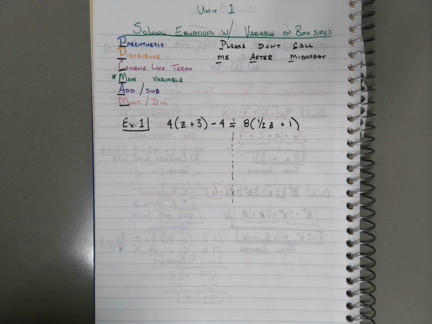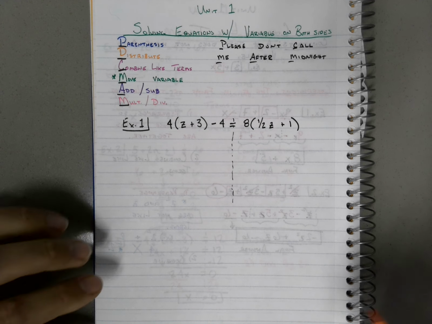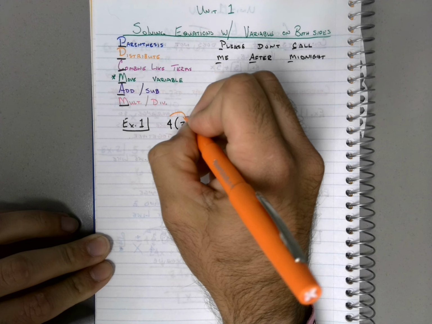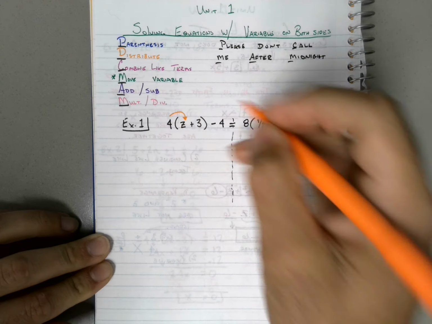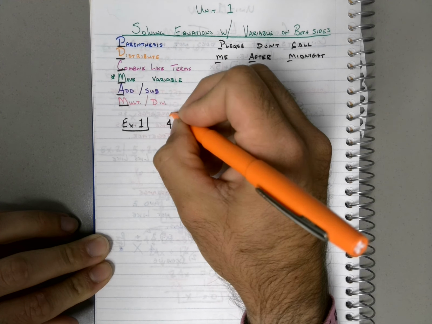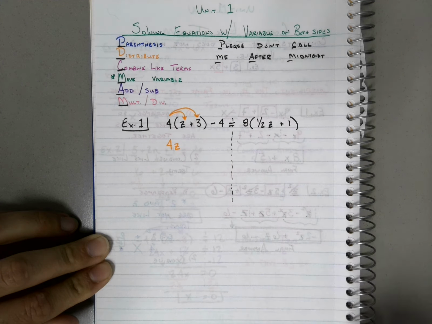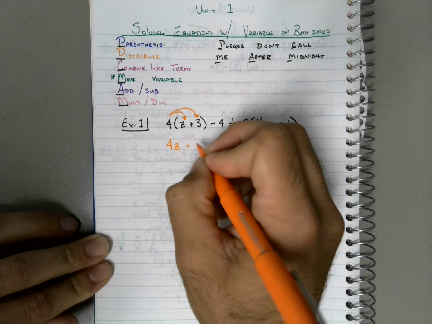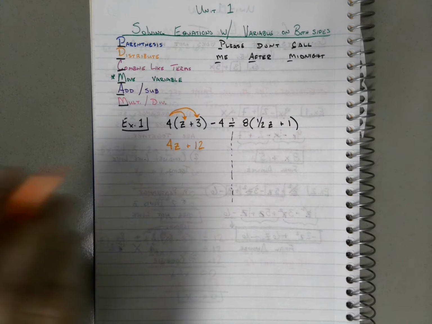Look at the next part. Distribute. Can I distribute? Yes. I have a number outside of my parentheses. So we have 4 times z, which is 4z, and 4 times 3, which is positive 12.